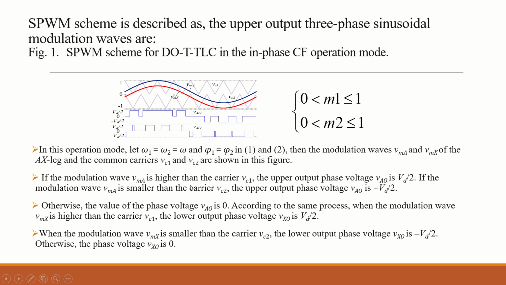If VMA is higher than VC1, the upper output phase voltage VAO is VD by 2. If the modulation wave VMA is smaller than VC2, VAO is minus VD by 2. Otherwise VAO is 0. By the same process, when the modulation wave VMX is higher than VC1, the lower output phase voltage VXY is VD by 2. When VMX is smaller than VC2, VXY is minus VD by 2. Otherwise, VXY is 0.